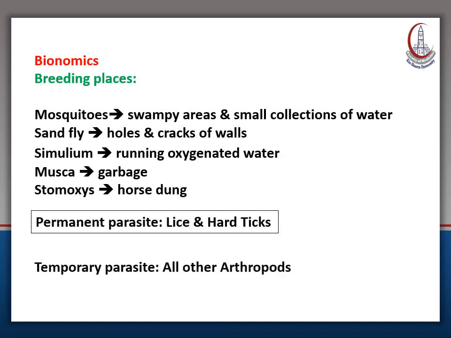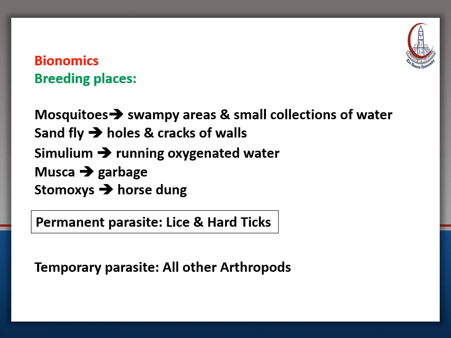Now we're going to give you a hint about the bionomics of the arthropods. Bionomics means the environment and the habits of the arthropods which they adopt during their life cycle. Starting with the breeding places. Where do arthropods breed? They breed in different environments.